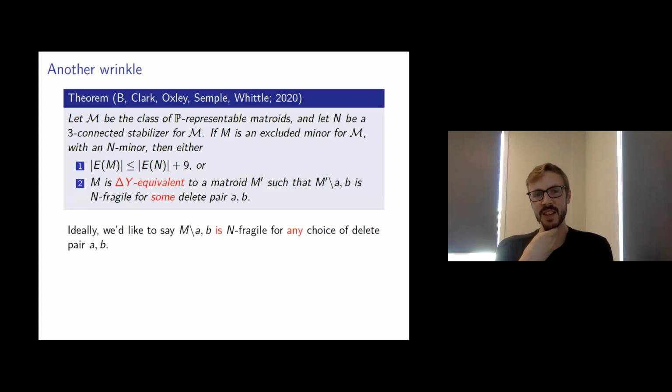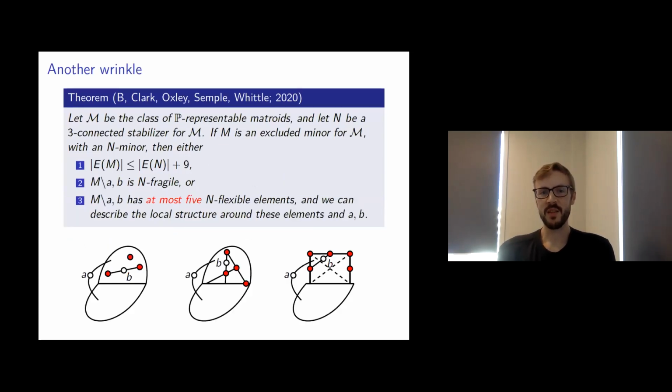But we can actually say a little bit more than this. We can say that if you give me a delete pair AB and M delete AB is not fragile, then we know, first of all, that there are at most 5 flexible elements, and we know about the local structure around these flexible elements. So these pictures aren't important apart from demonstrating the fact that we can say things like there's a certain triangle involving A or B and certain 5-element co-circuits.